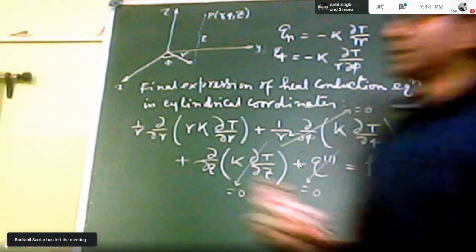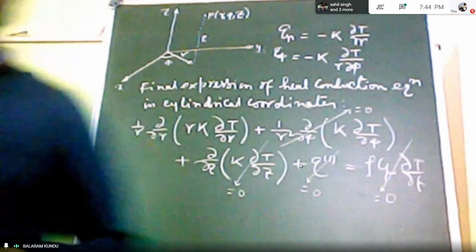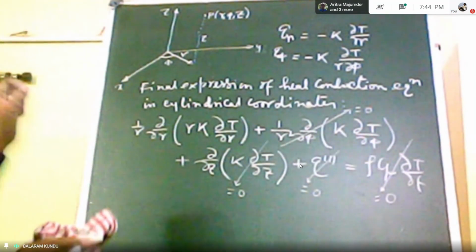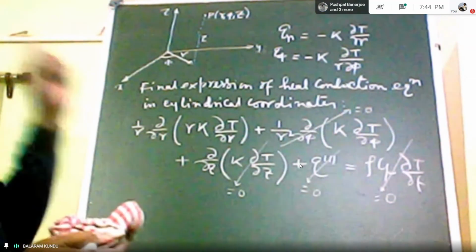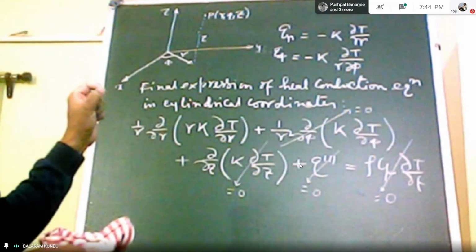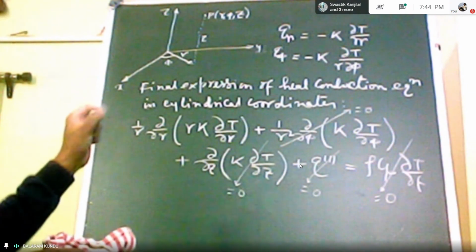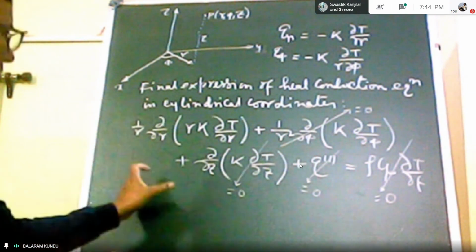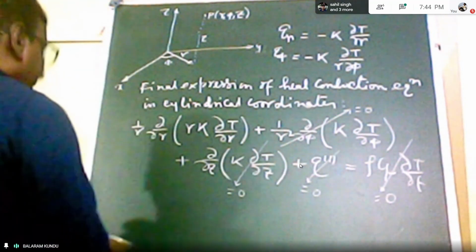Therefore, for your problem, we have to express the heat conduction equation, which is one-dimensional, steady state, with no heat generation taking place. And for that, your equation is 1 by r.